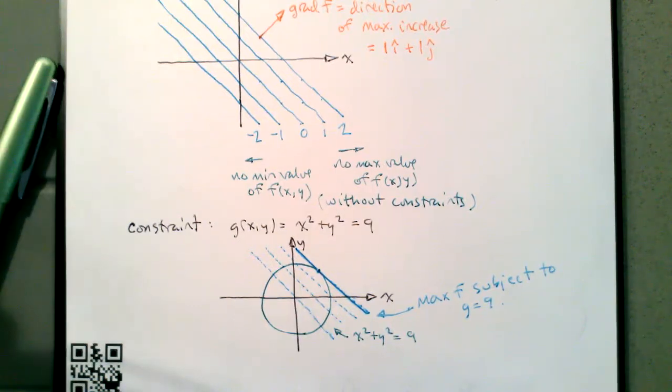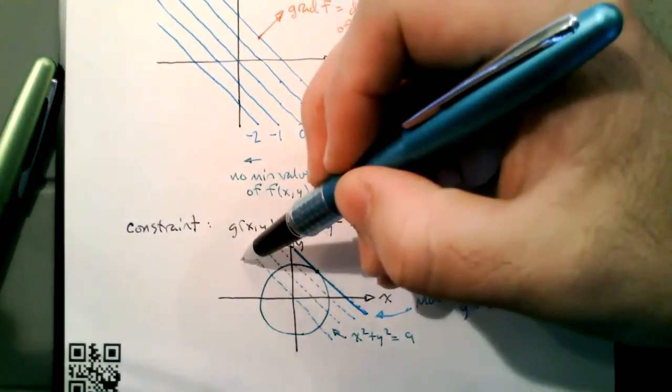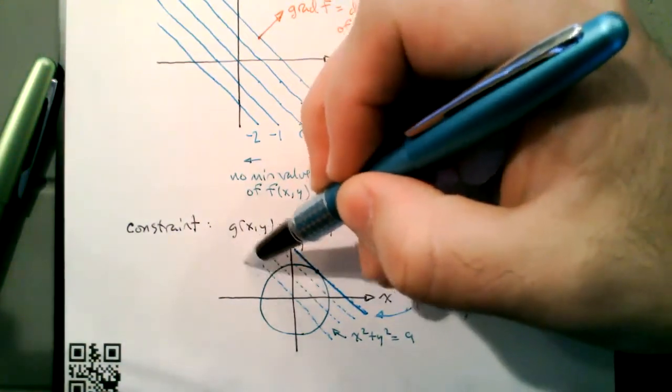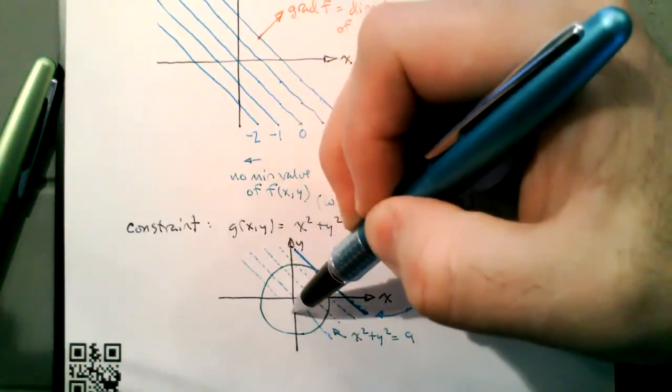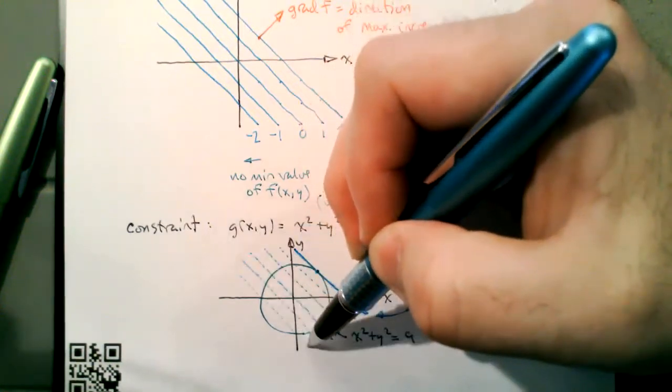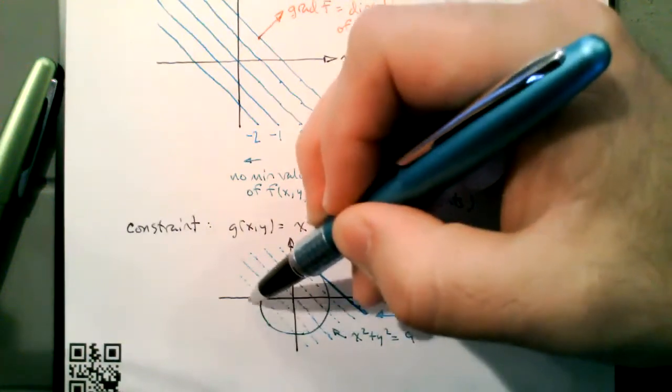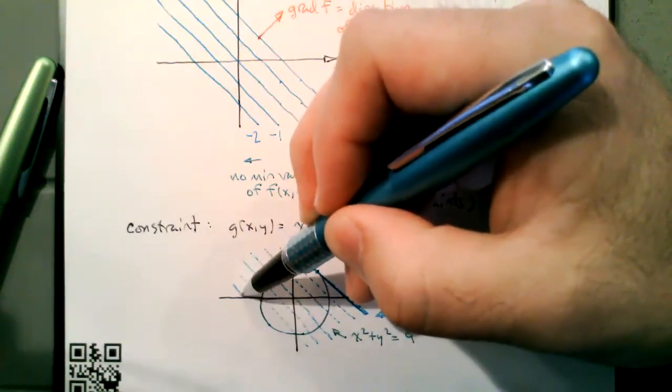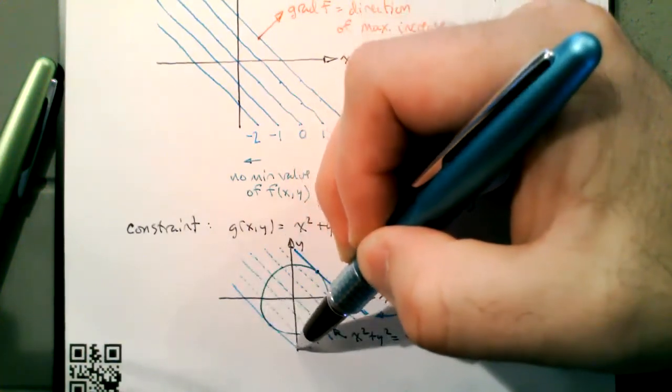If we go in the other direction, we know that f is decreasing if we go in the direction of -1i minus j. And once again, we'll just wait till we get tangent to the circle.